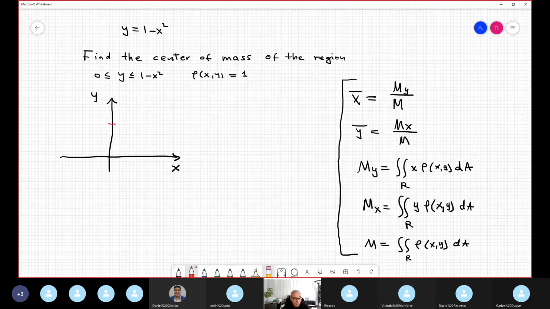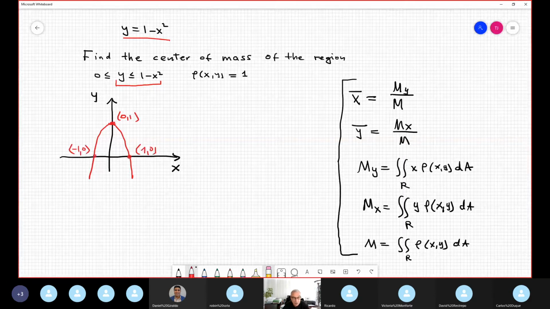And 1 here is the vertex. This is this equation. This point is the point (0,1), this point is the point (1,0), and this point is the point (-1,0).